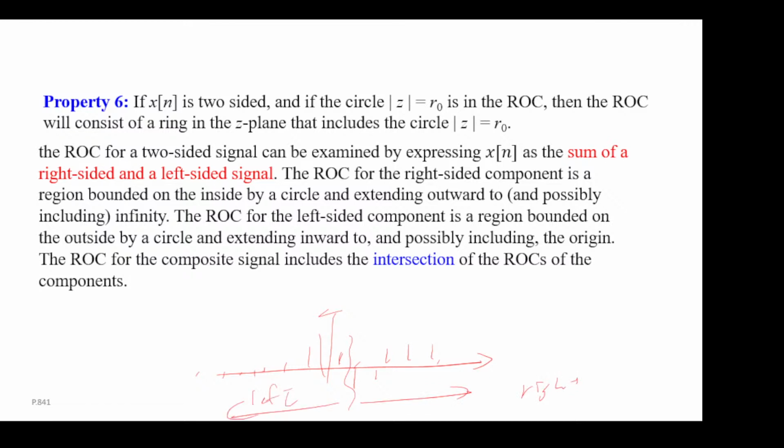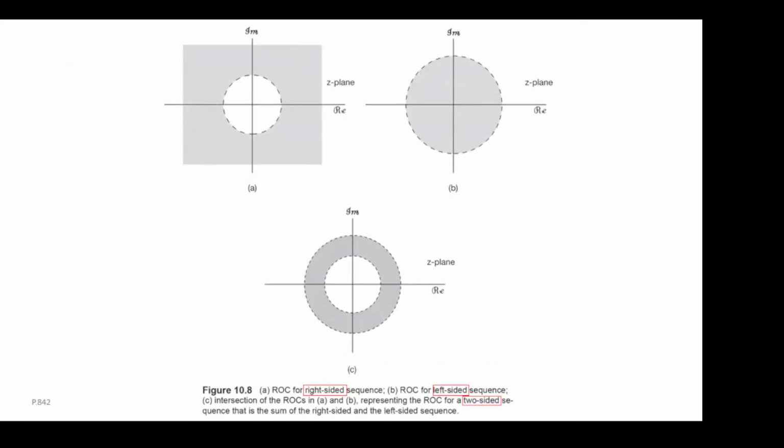It's easier to say with a picture. So a two-sided function is like a summation of a right-sided function and a left-sided function. And so the ROC should be the intersection of those two.